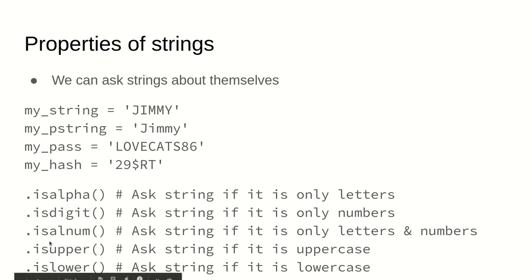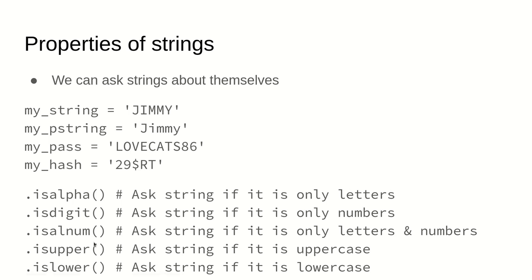And then I can also ask if a string is all uppercase characters or all lowercase characters by calling isUpper or isLower. So myString.isUpper would return true, while myString.isLower would return false.